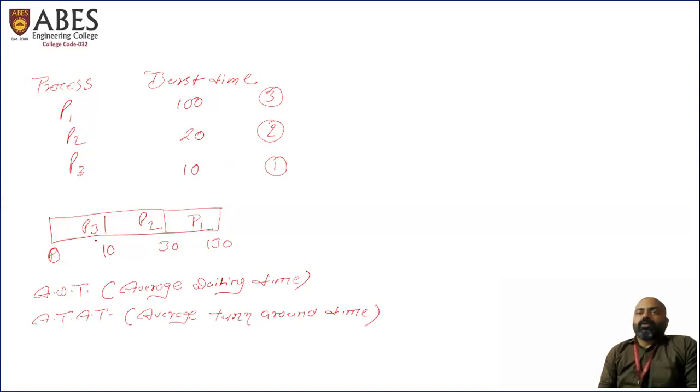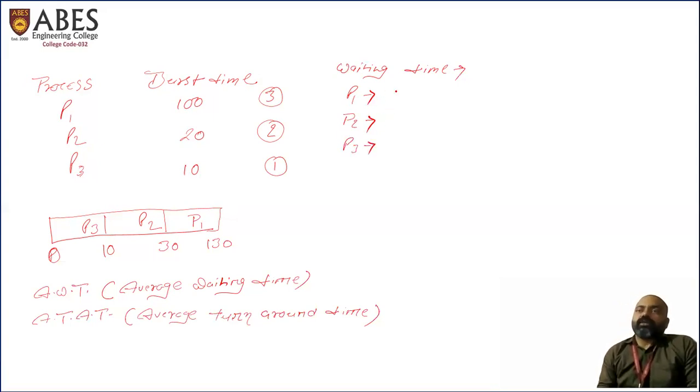So according to the Gantt chart, the individual waiting time for P1, for P2, and for P3.